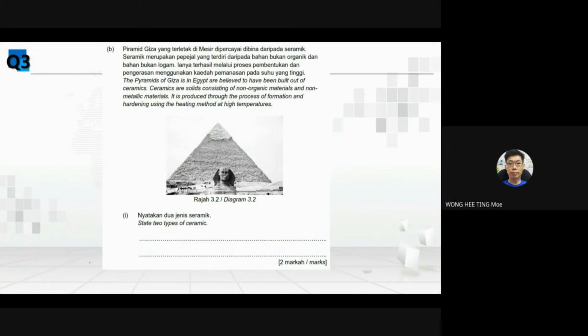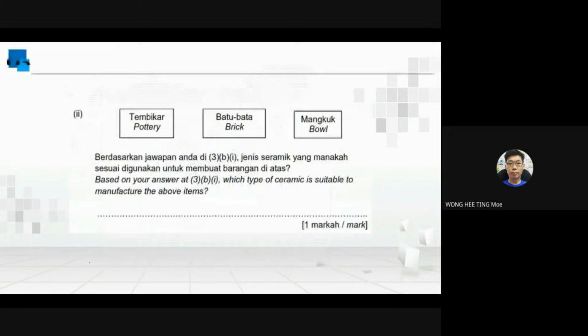What are the two types? Traditional and advanced ceramic.